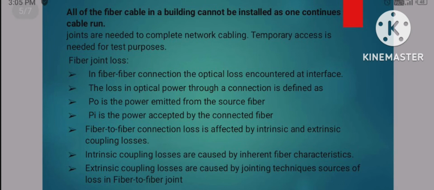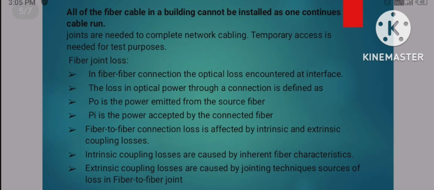So what are those losses? In fiber communication there is definitely optical loss encountered at the interface. If two optical fibers are joined, there will be a loss at the interface. Even though we splice it, there is a loss; attenuation happens at the interface.